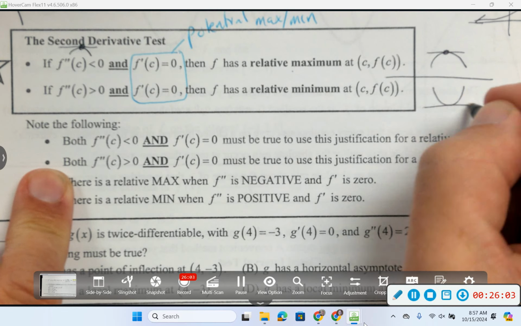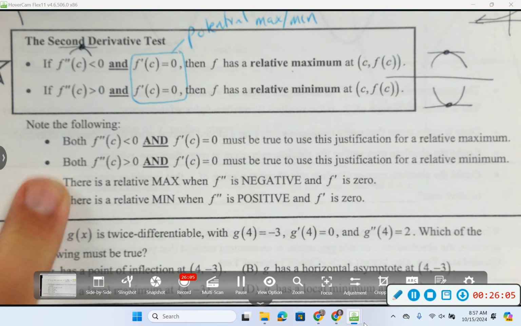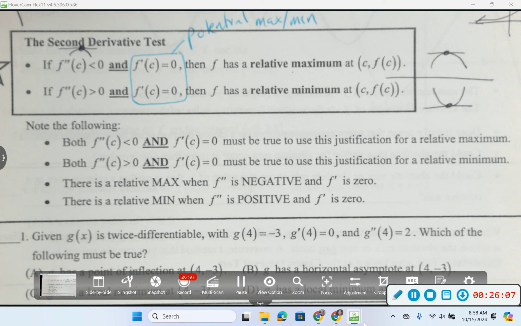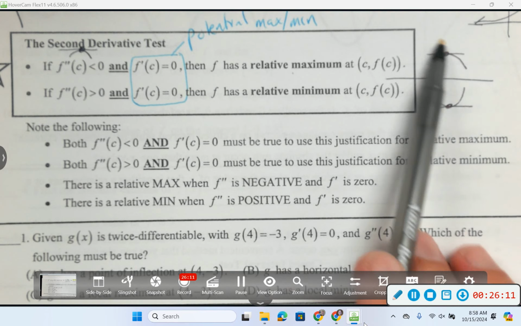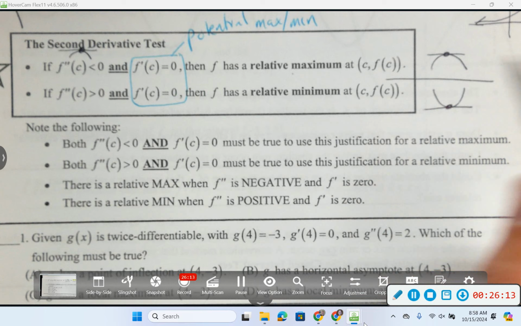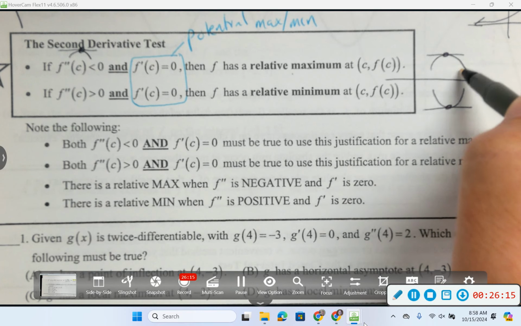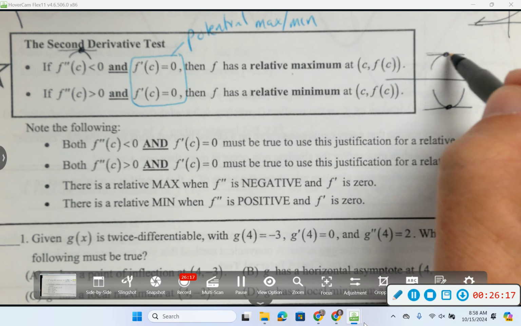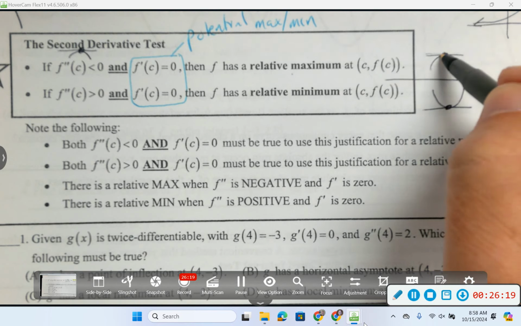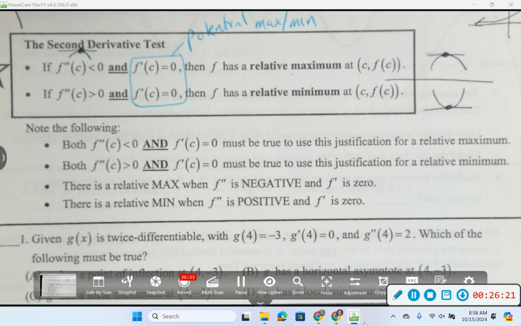Concave up and the slope of 0, that would be a relative min. This is another box where I don't think you memorize that. When that stuff shows up, you start drawing little pictures and thinking about what it means to be concave down, what it means to have a slope of 0, and then you can figure out if you're at a max or a min.